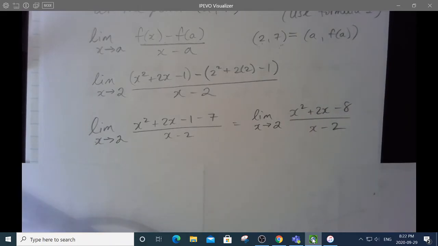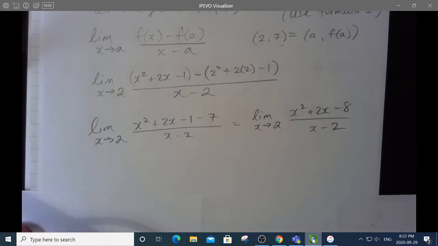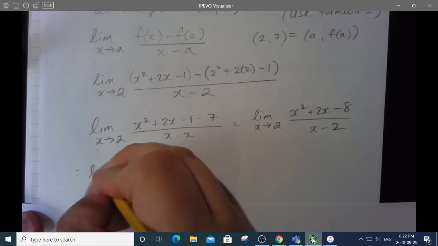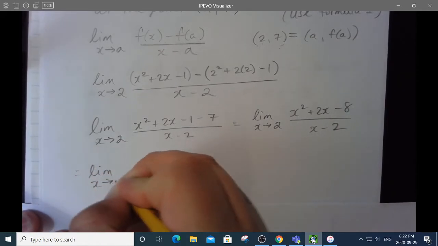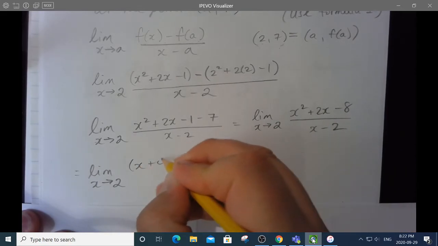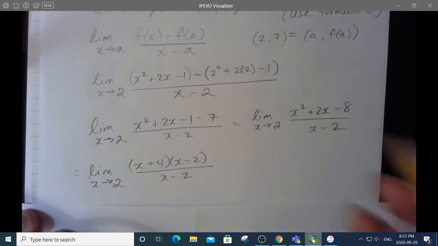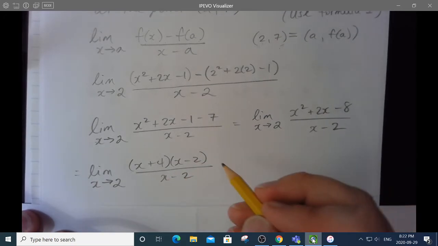And what's the algebra method that's going to make my x minus 2 go away? You guessed it, it is factoring, because that trinomial on top factors very nicely. It is equal to the limit as x approaches 2 of x plus 4 times x minus 2 all over x minus 2.